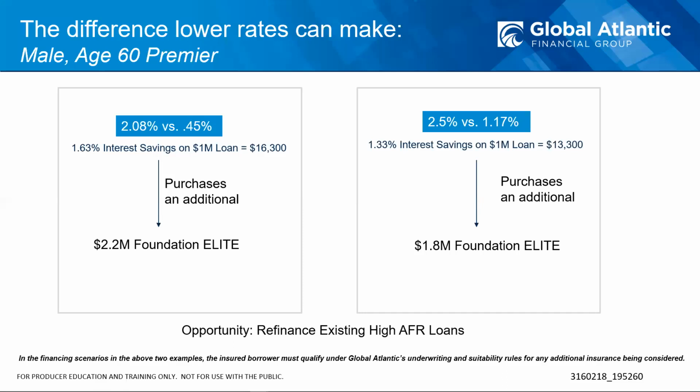Dropping the interest rate from 4.6 to 1.1 going ahead may still make sense, even if you have some taxation. It's just going to depend on how much gain there is, how old the executive is, and how long you think the split dollar agreement is going to run.